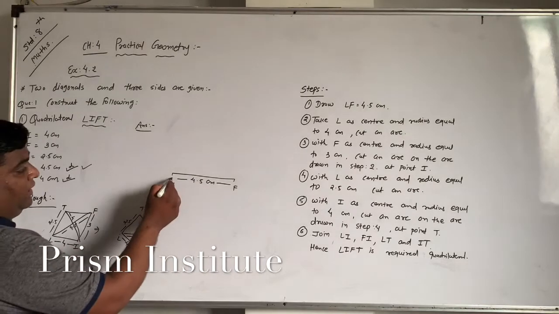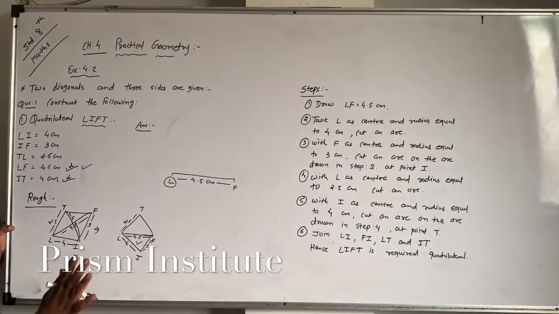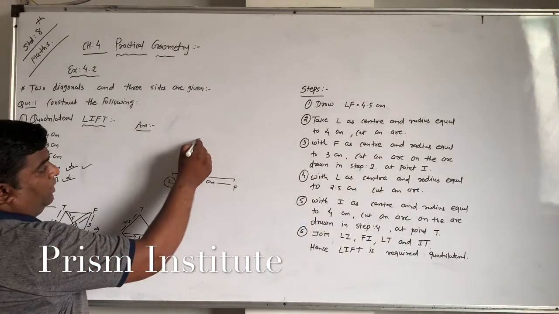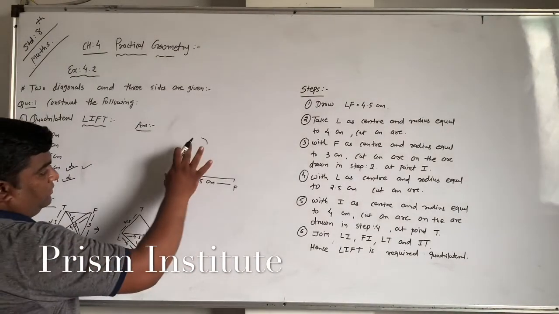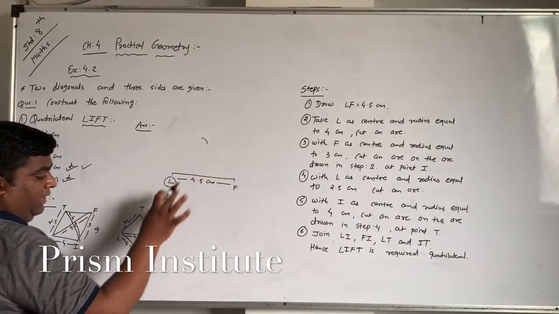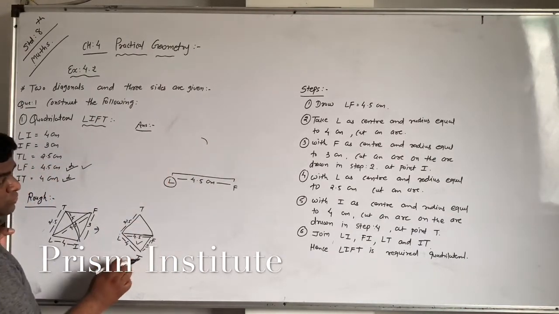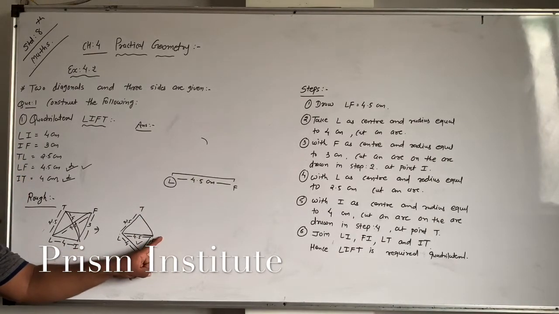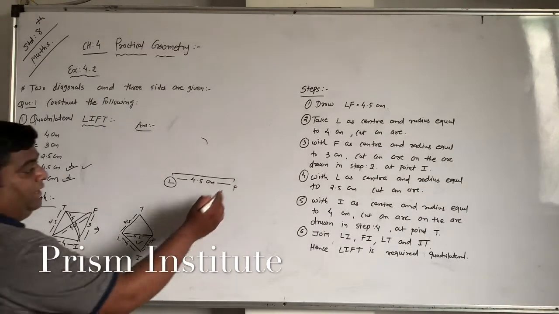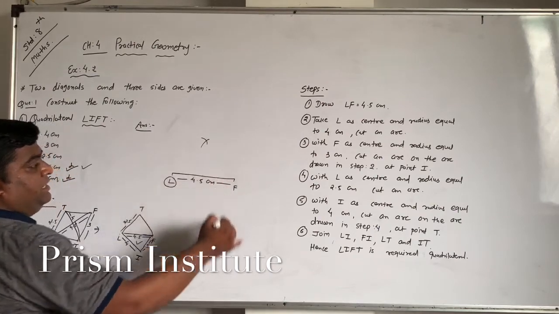Now LI is 4. So take L as a center and take a radius of 4 centimeter and cut an arc in the upper half plane. So that is a 4 centimeter arc. Now take F as a center and 3 centimeter radius and cut the same half plane.